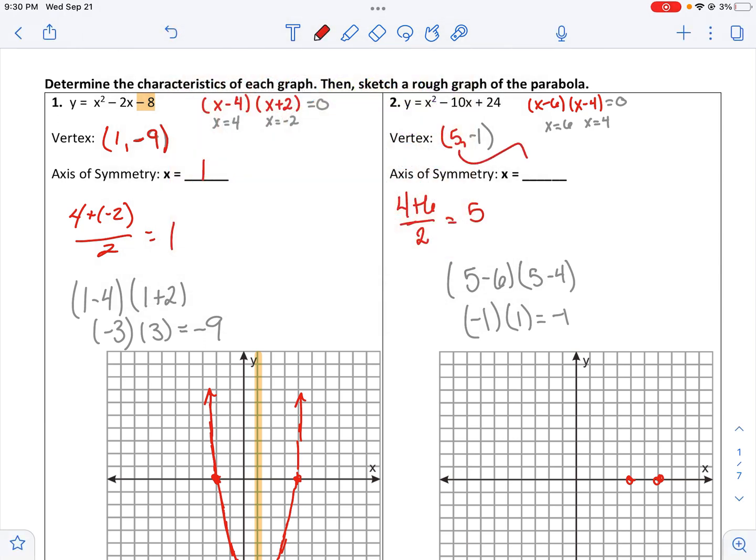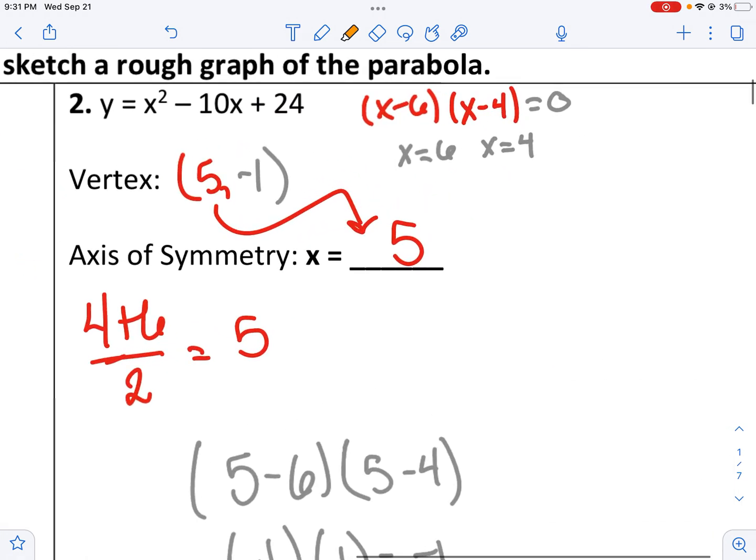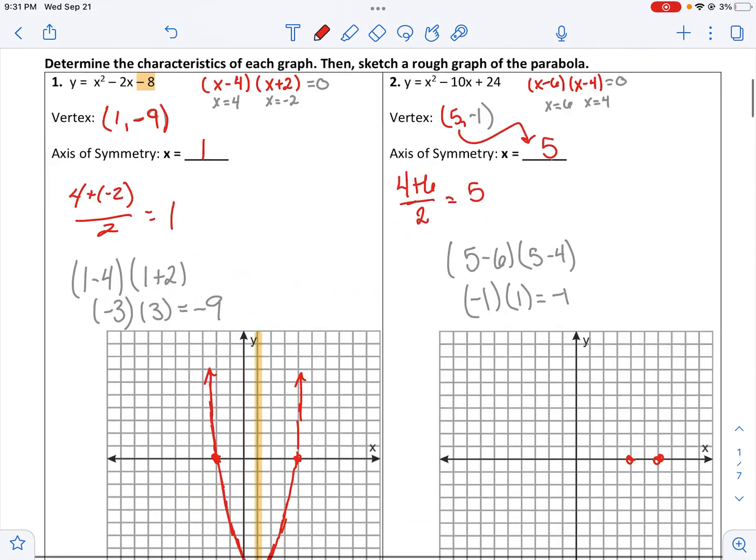And then again, to find the axis of symmetry, just take your x-coordinate from the vertex, copy that right down. And if you were asked to find the y-intercept, that would be up at positive 24. The last number in my standard form is a positive 24.